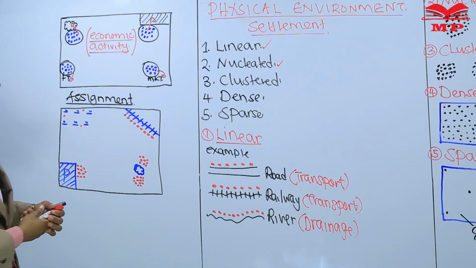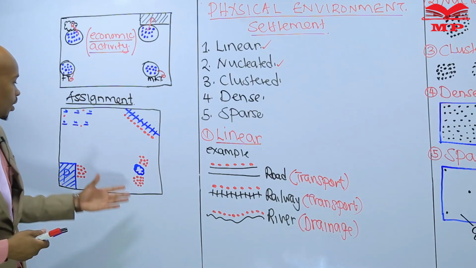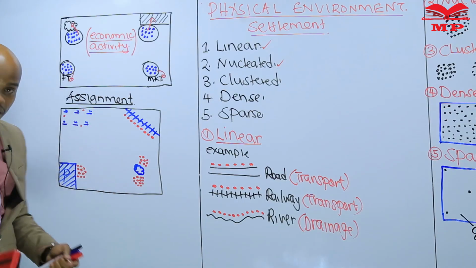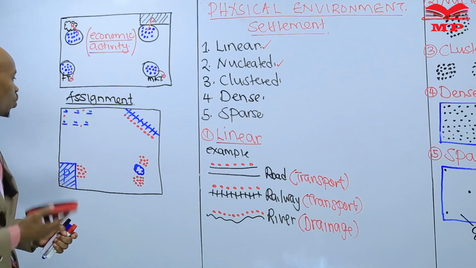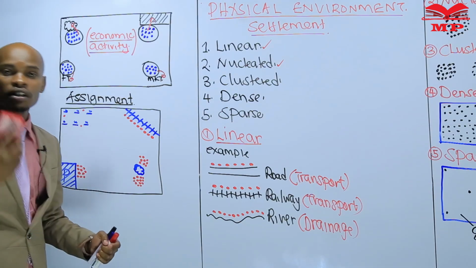Now, this is for your assignment. You'll have to identify the type of settlement and give reasons and get to know why they are assuming this type of settlement.